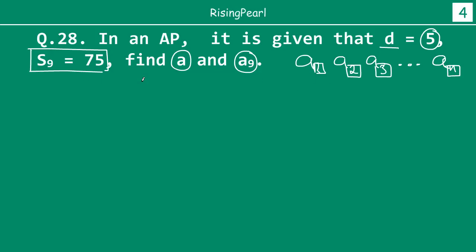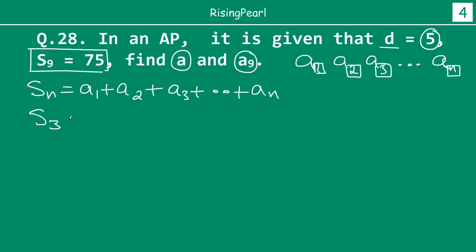Similarly, Sn will be the sum of first term plus second term plus third term, so on and so forth, till plus An, nth term. So if we say S3, what it means is sum of first three terms. This is what it means. So it means A1 plus A2 plus A3, and we stop at this.